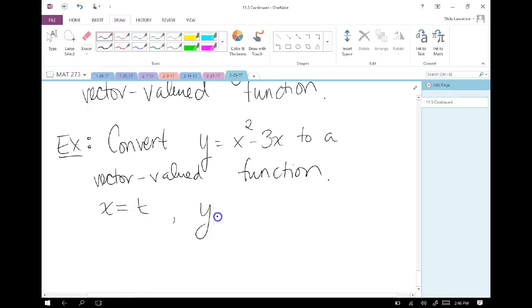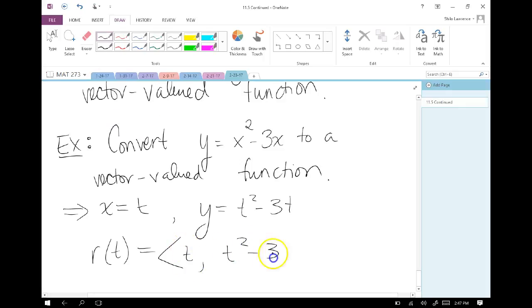And if x equals t, that means y equals t squared minus 3t. Simple. So this right here is just a set of parametric equations. Don't stop there, because they asked for a vector valued function. So r of t equals t comma t squared minus 3t.